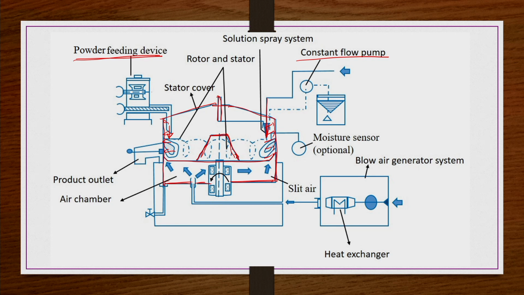And as mentioned, a kind of particle rope along the wall is forming, and then agglomeration takes place, right.